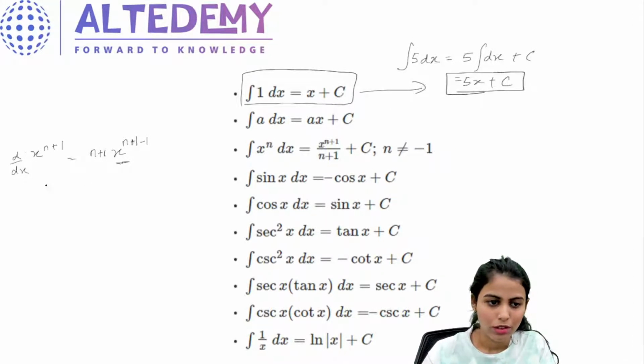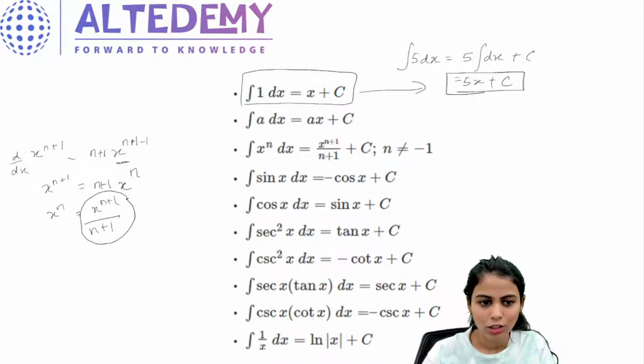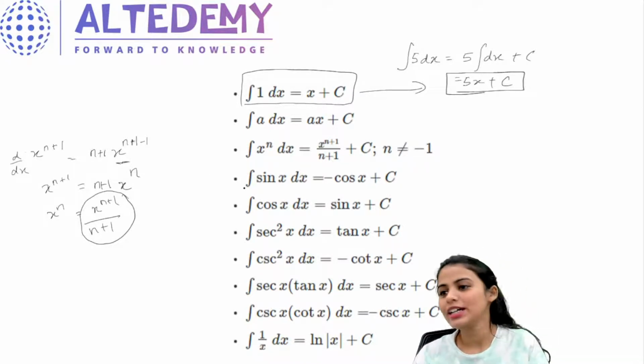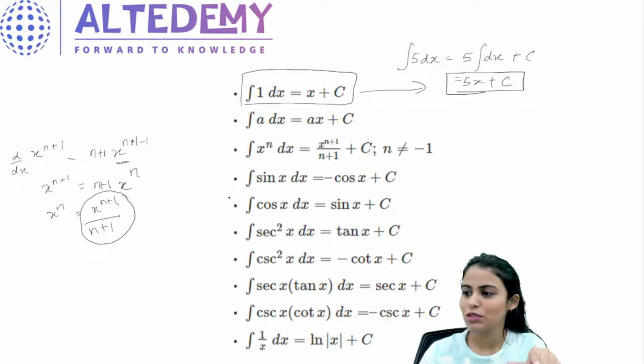So what will it be? The derivative of x to the power n plus 1 is n plus 1 times x to the power n. Now take x to the power n aside: x to the power n is x to the power n plus 1 upon n plus 1. See, you got this. This is the differentiation of the function, and for finding the function we integrate it.